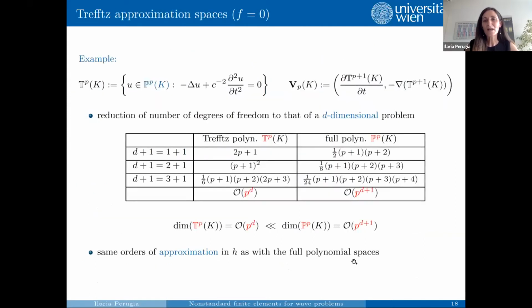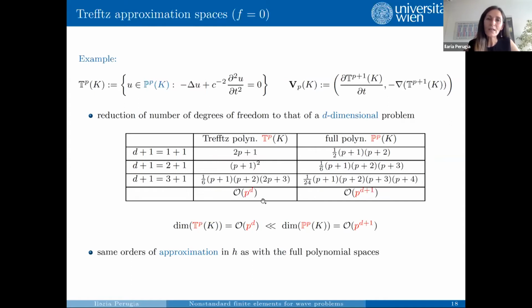And in the subspace, if you count the dimension of this Trefftz subspace, so you see that if you are in space-time dimension, so d in space plus 1 in time, these are in the right column, these are the dimensions of the full polynomial spaces.